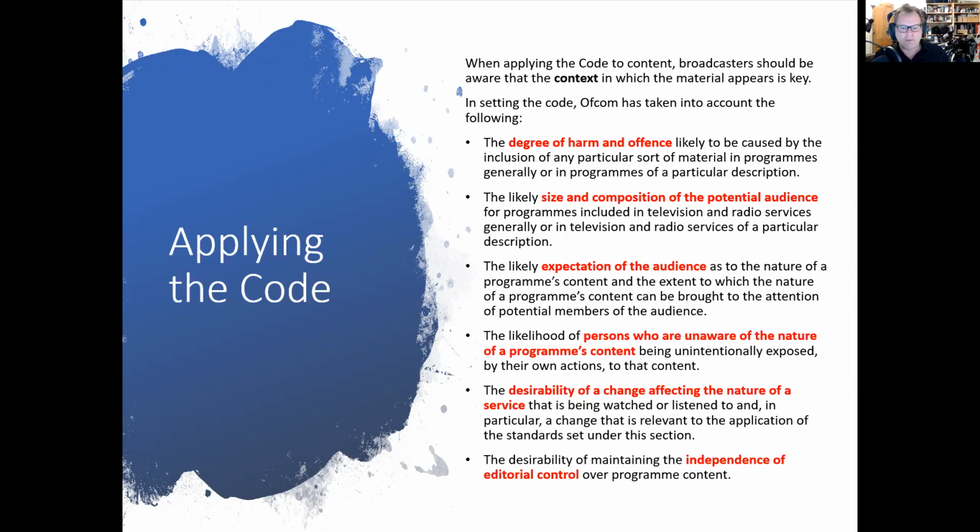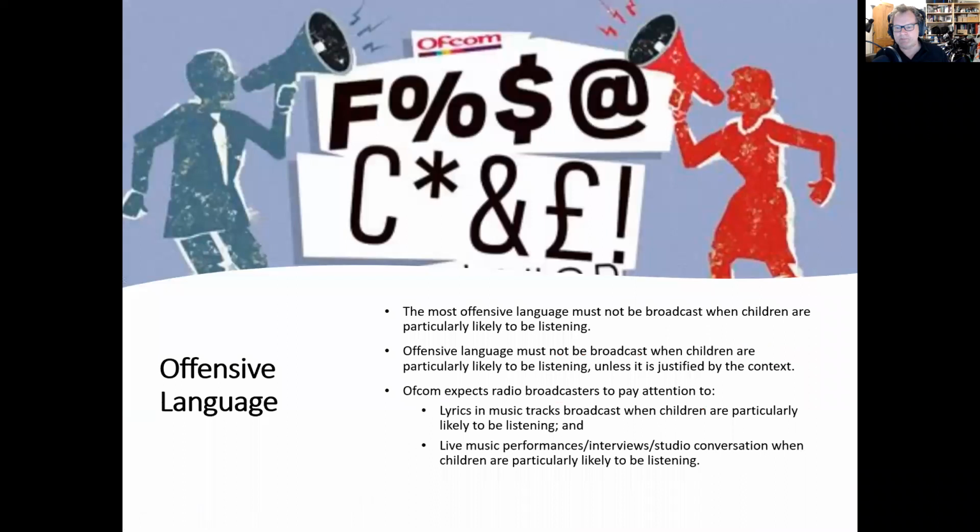You're not being leaned on by, I don't know, commercial organisations or local authorities or political groups in order to shape your content, that you make your decisions and your coverage is free from some kind of bias. At the point of the microphone, there might be other questions about that to be asked in another discussion, but that's for another time. I think one of the most complaints that Ofcom receives is about offensive language.